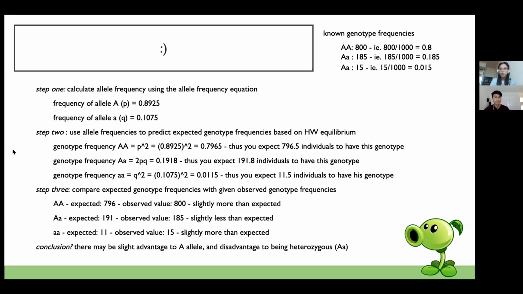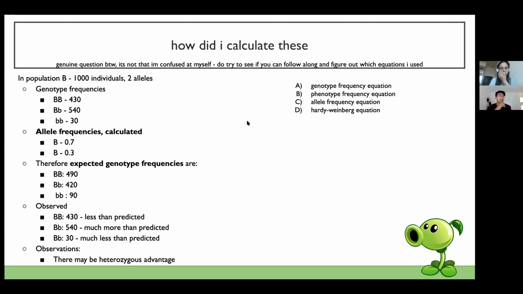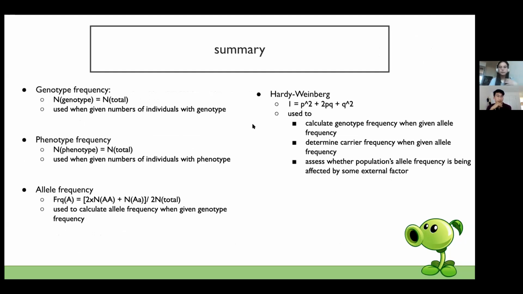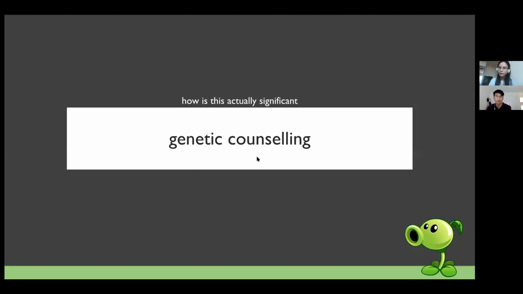Yeah. So as Brendan said, it is very rare that a real life population will have no factors affecting it. So the third thing we mentioned that the Hardy-Weinberg can be used for is estimating carrier frequency, and this is going to be much more relevant when you think about genetic counseling.